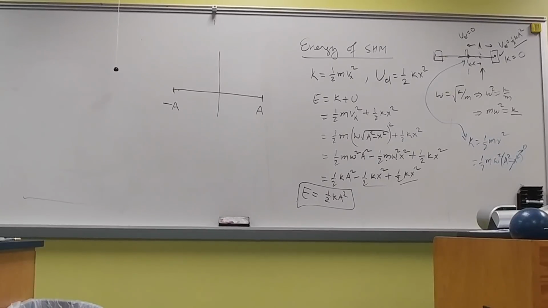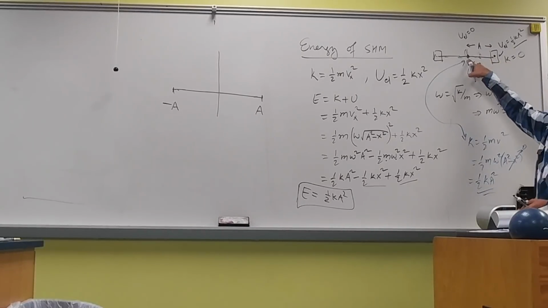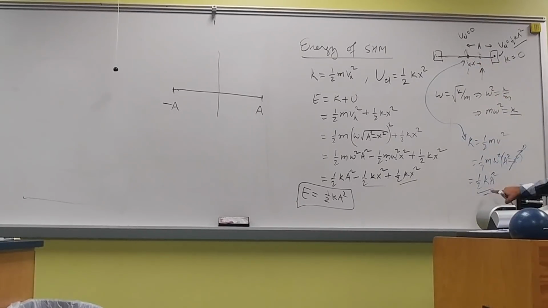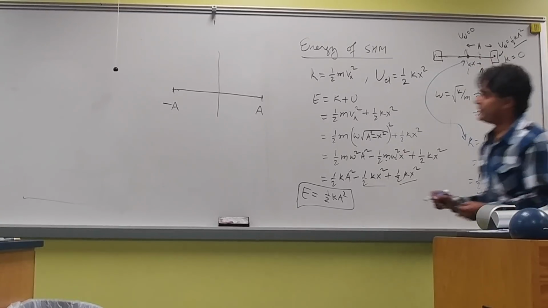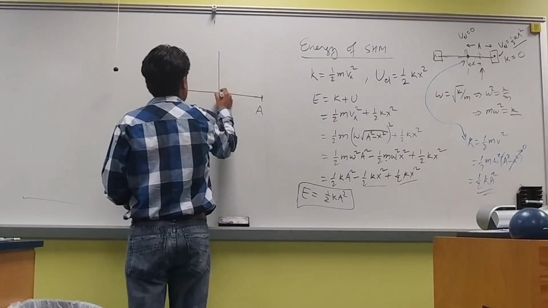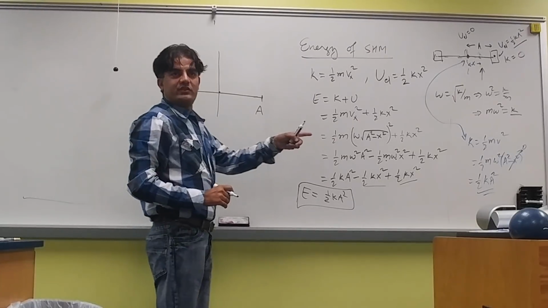So it will again be m omega square, which is k, so it will be k a square. It will be the same as what it was at the extreme point. Make sense? So at the center, your kinetic energy equals the potential energy at the extreme point. So if I plot a graph, let me draw the kinetic energy.